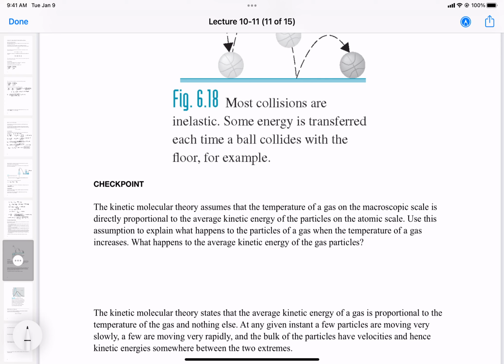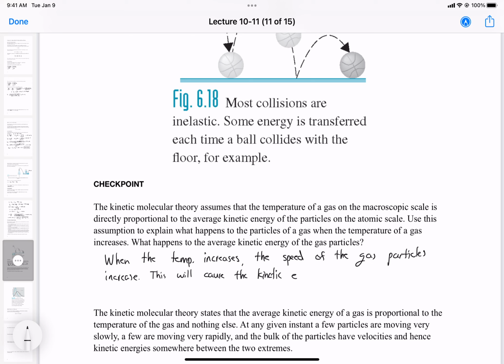So in this case, when the temperature increases, the speed of the gas particles increases, and this will cause the kinetic energy of the particles to increase.